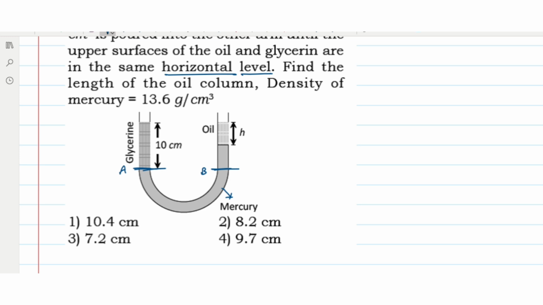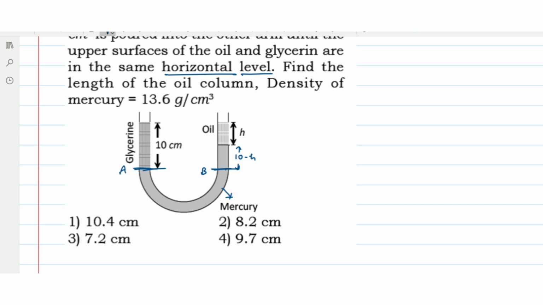They are at equal heights, this is 10 centimeters, and the oil will be H, so this height will obviously be 10 minus H. On the right side, at the B point, up to 10 minus H level it was filled with mercury, and the remaining was filled with the oil.